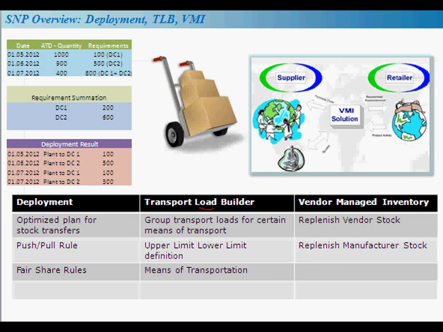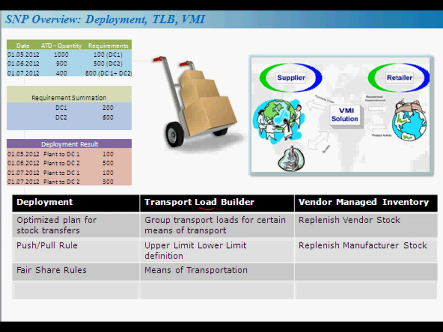Apart from this, SNP also supports deployment, transport load builder, and VMI process. So deployment is basically used, as I mentioned in the starting of SNP, that DCs supply the goods to the customer, and where do the DCs get the goods from? They get it from their plants. So there's a possibility that the requirement of the DC is more and the plant might have produced less.